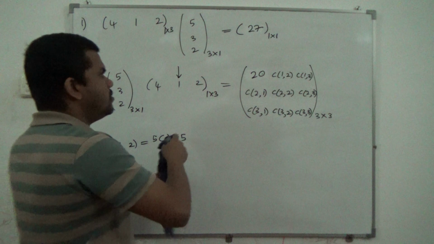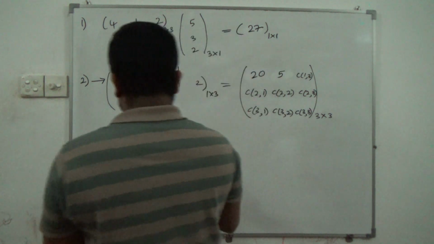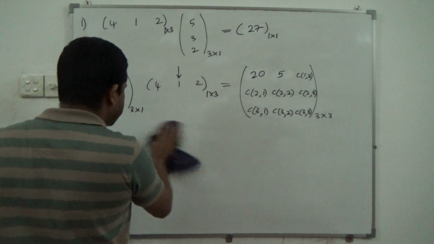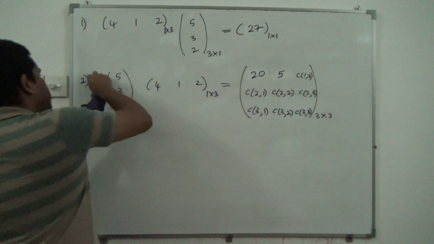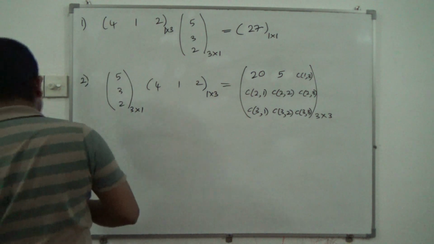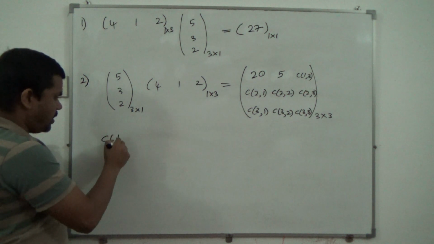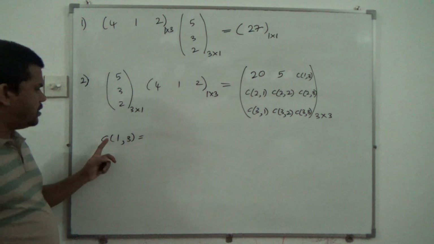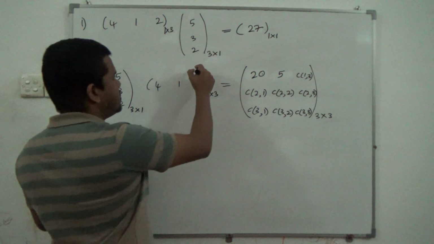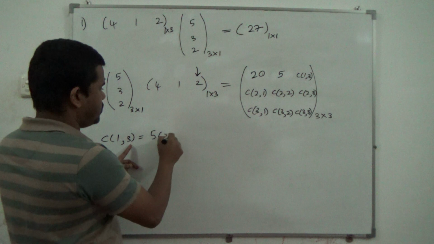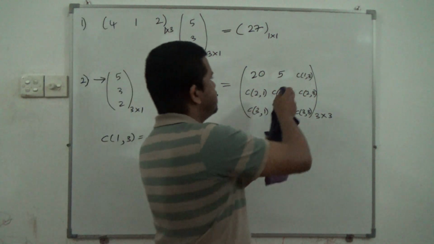Therefore, here we have 5. Now if you consider C1,3, in the first matrix, row number is 1, in the second matrix, column number is 3. Therefore 5 into 2, 10. Here we have 10.